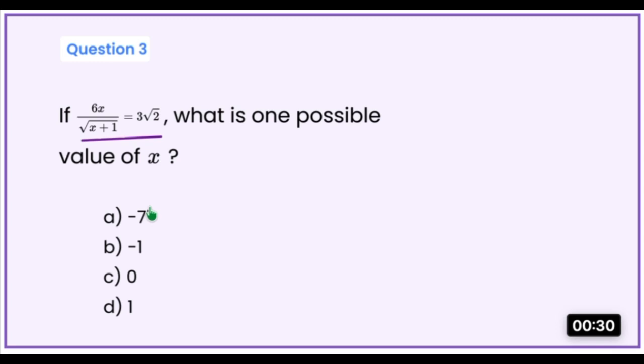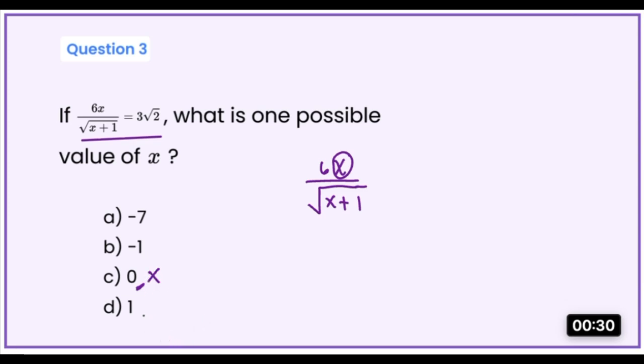And whenever you're given these options, you start with the simplest one. So let's say, for example, we start with 0. If x is 0, this expression on the left automatically becomes 0. So the first option is actually wrong.